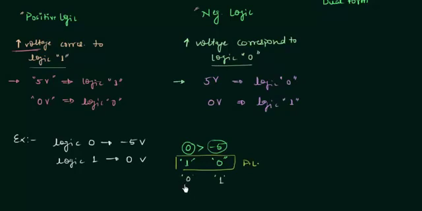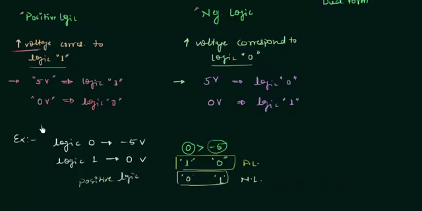This is very simple, and this case is for the negative logic. Let's see what is given in the problem. Logic 0 corresponds to minus 5 and logic 1 corresponds to 0. It means it is positive logic, a very simple problem.